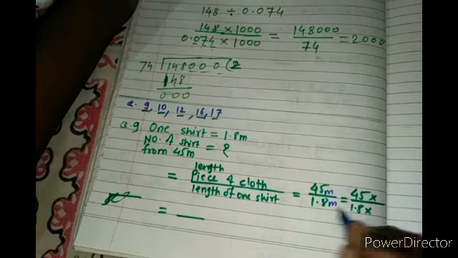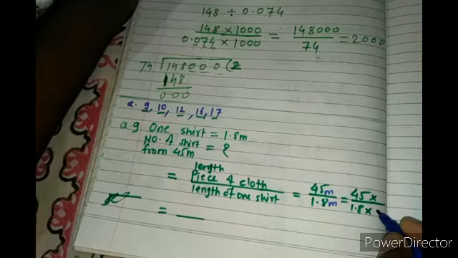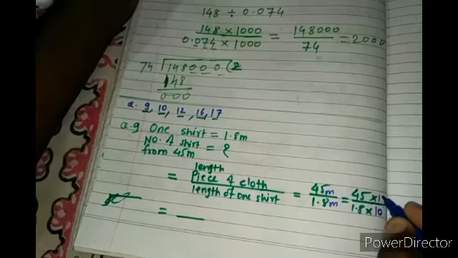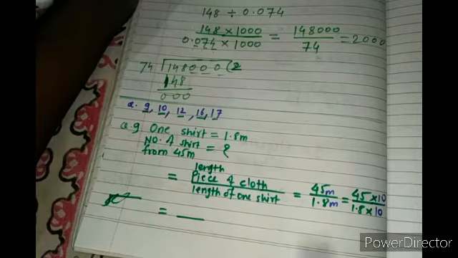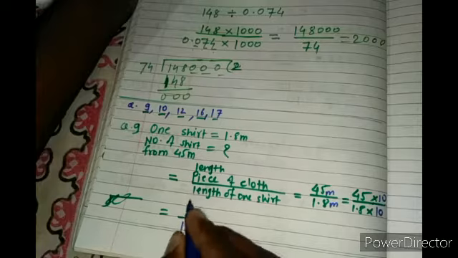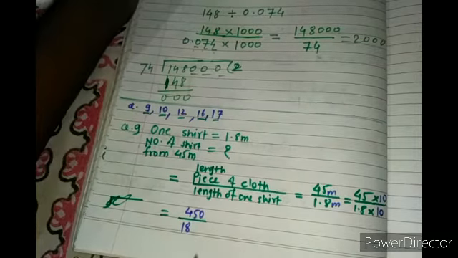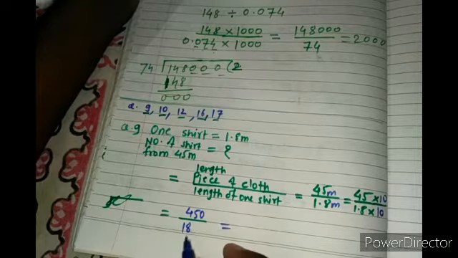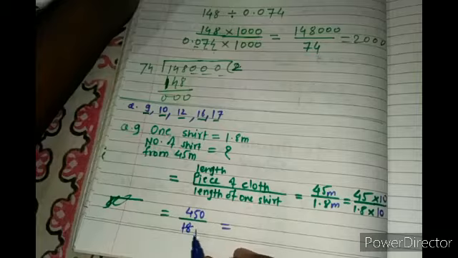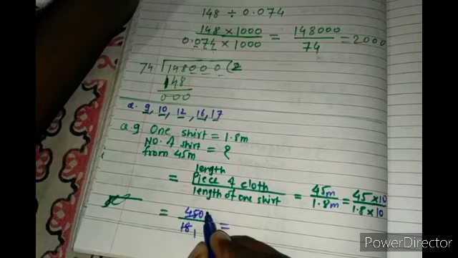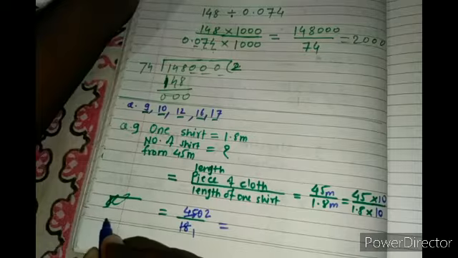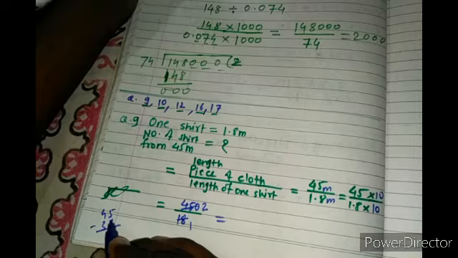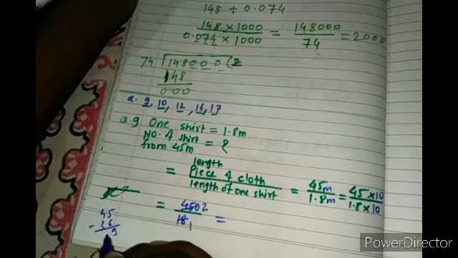Now we have a division where the divisor is a decimal, so we will multiply by a multiple of 10 according to the number of digits after the decimal point. Here there is 1 digit, so we multiply by 10. The effect of this is 18 and 450. Now we do the division. 18 ones are 18, 18 twos are 36, so 45 minus 36 is 9, right?